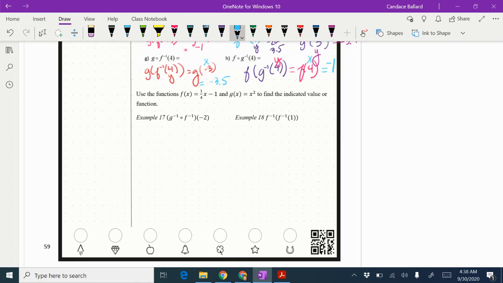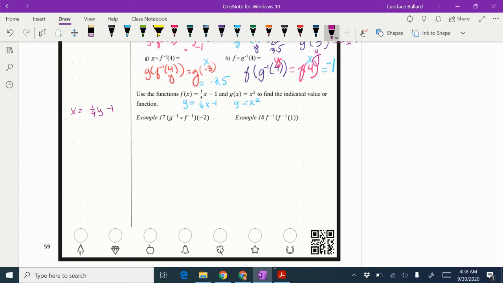So I'm going to start by switching the x's and y's in here. I'm going to pretend that it's really y equals 1/4 x minus 1, and this one is really y equals x squared. I'm going to do that work off to the left side in the left-hand column here. So we're going to switch the x and the y on the f function. So x equals 1/4 y minus 1, and now I'm going to solve for y.